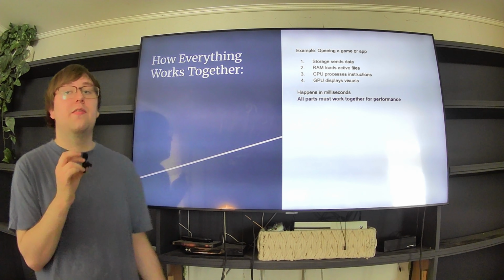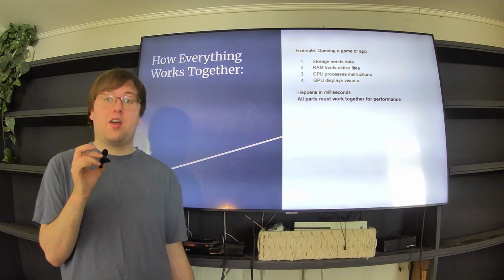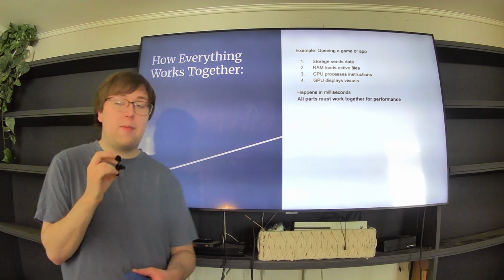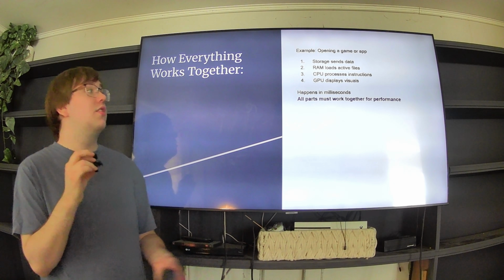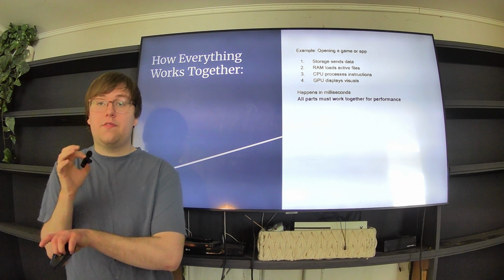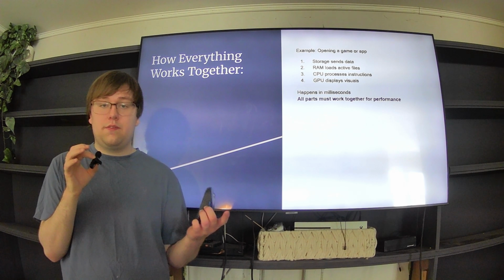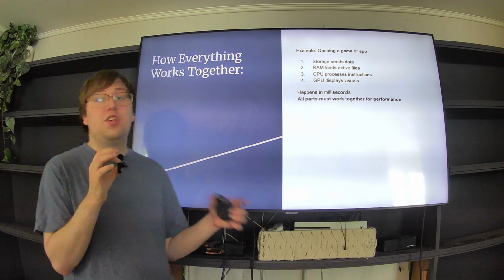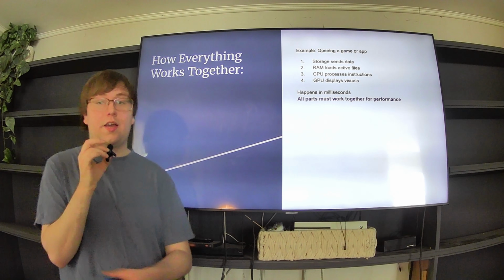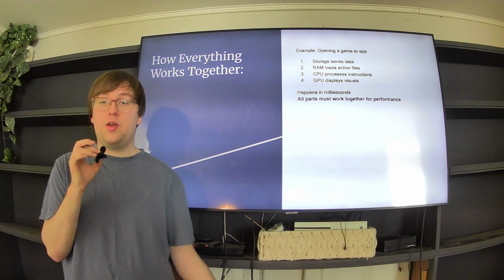How everything works together. A good example of testing if the computer works properly is opening a game or an application. The storage sends data, the RAM collects that data, loads the active files, and gives it to the CPU. The CPU processes that information, and the GPU displays all the visuals, like a video game or a video, on the screen for you to enjoy.